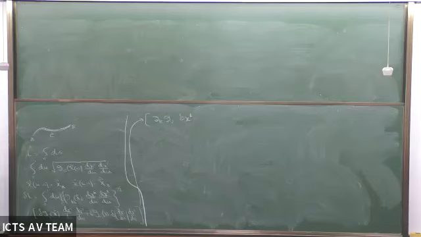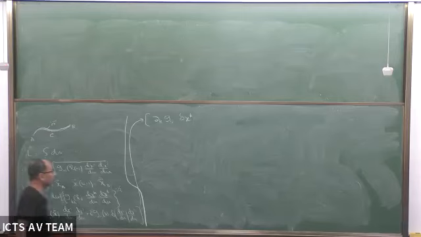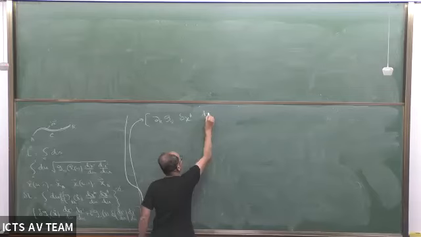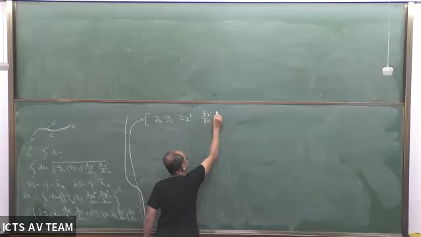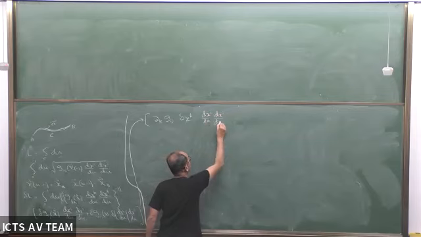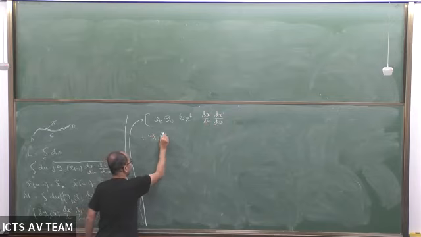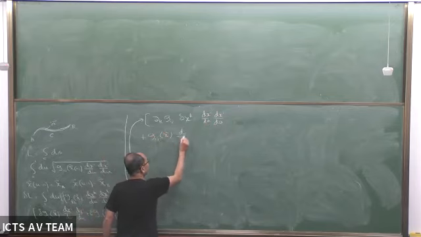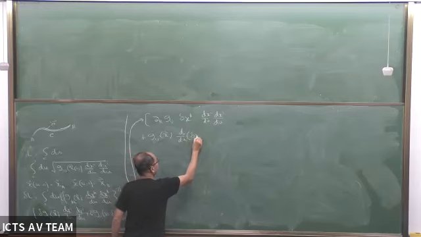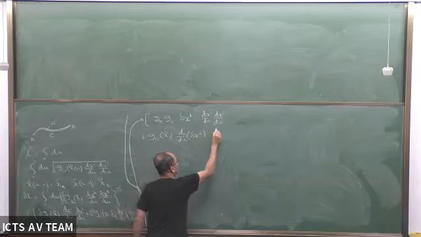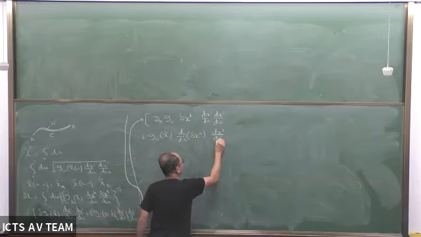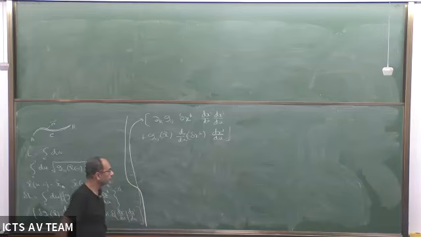Times dx^i/du, dx^j/du, and then we have G_ij of x times d/du of delta x^i, dx^j/du, 2 times.